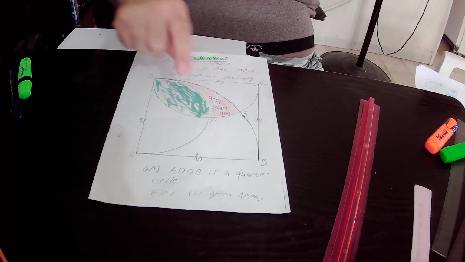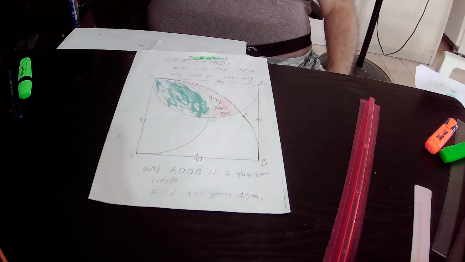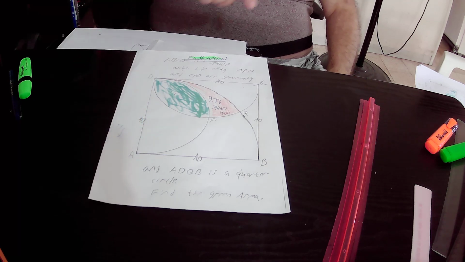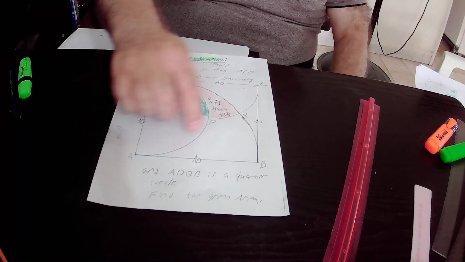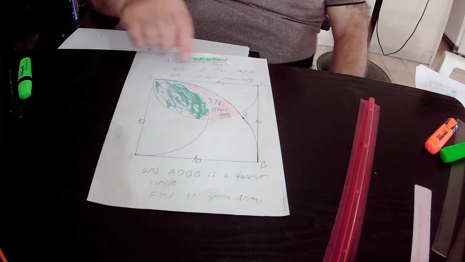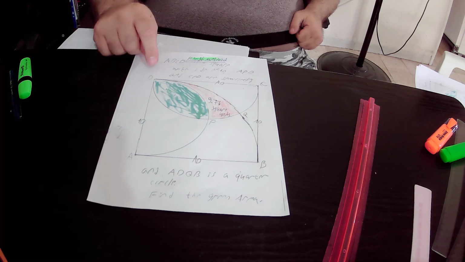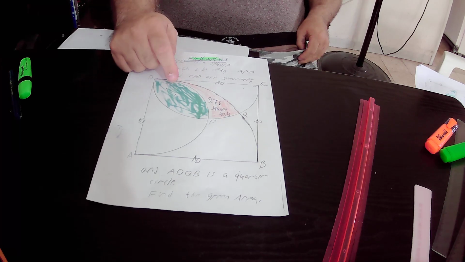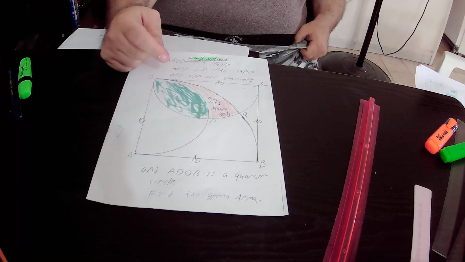Inside square ABCD we have semicircle APD, and the other semicircle is CPD. They intersect with each other at 90 degrees, and this way they created the blue lens.